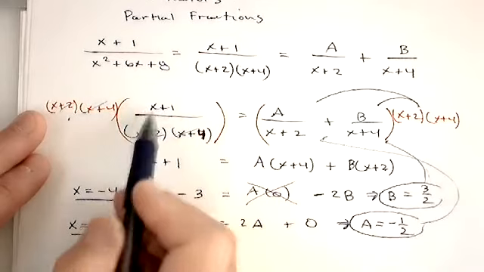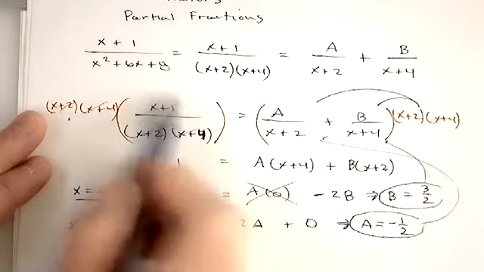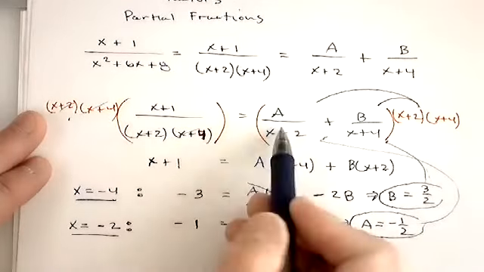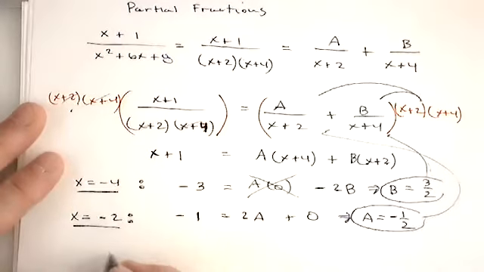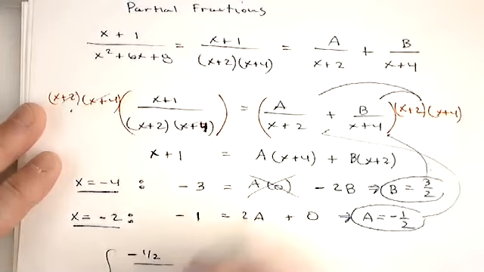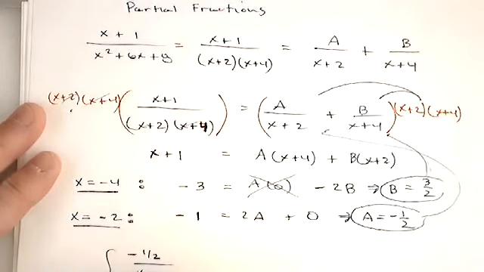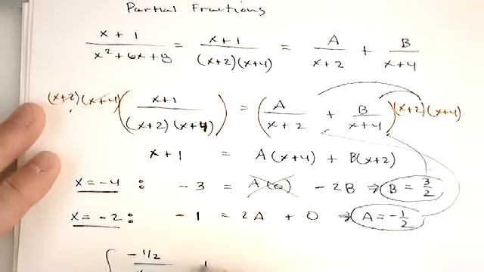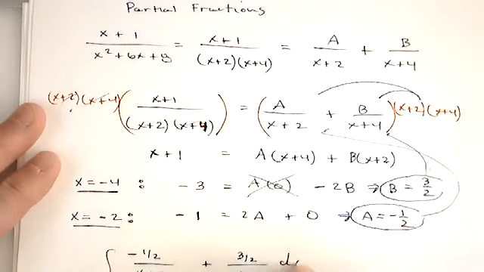And the whole idea of this is we're just rewriting. This is something we couldn't integrate, but if this equals the sum of these two fractions, we're now going to be integrating A, which was -1/2 over x plus 2, plus B, which is 3/2 over x plus 4.